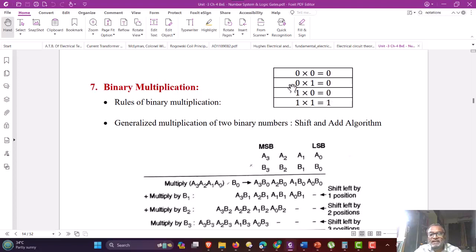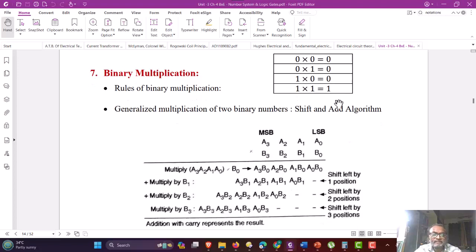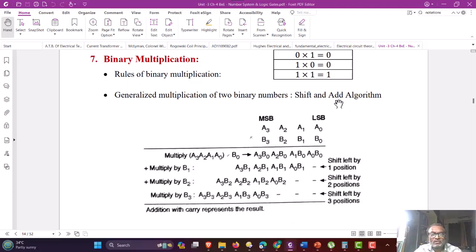Anything multiplied by 0 is 0, and 1 multiplied by 1 is 1. When you want to perform multi-bit multiplication, the procedure is very similar to decimal multiplication, but it is very easy in binary, because in binary there are only two state values, logic 0 and logic 1.